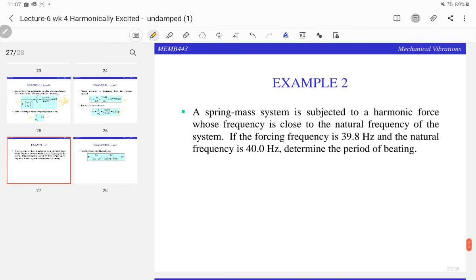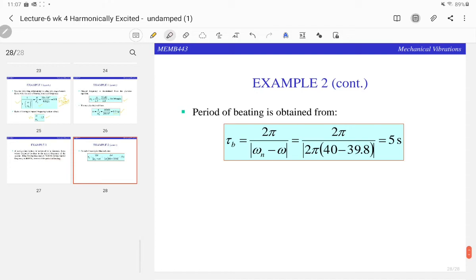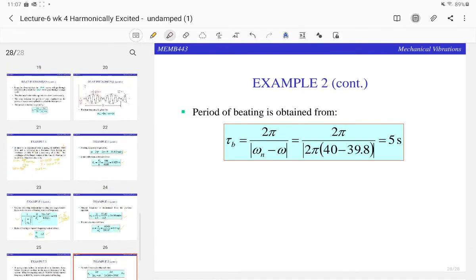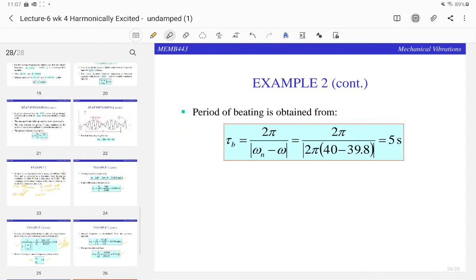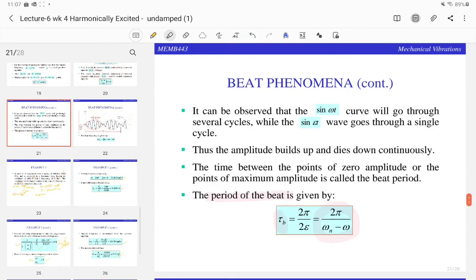The second example is very easy. You just want to find the period of beating, given these two frequencies. It's a very straightforward equation that is given in your slides. It's actually slide 21.